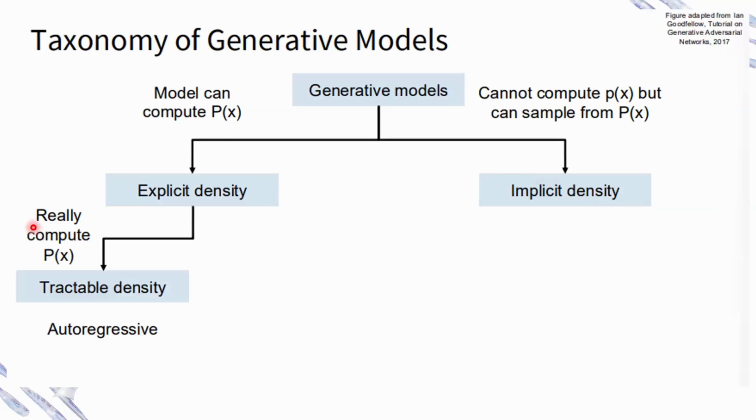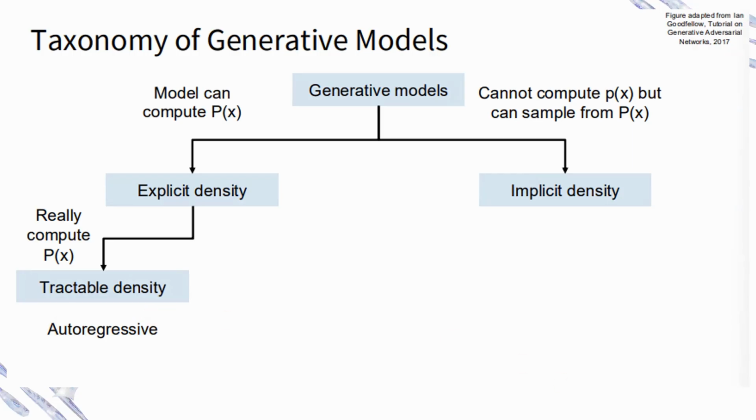And so if we go a little bit onto the left side of things here, we have two subtypes. The first one is the tractable density family of models, where we can compute the exact probability P of X. An example of this that we'll be going over is autoregressive models.